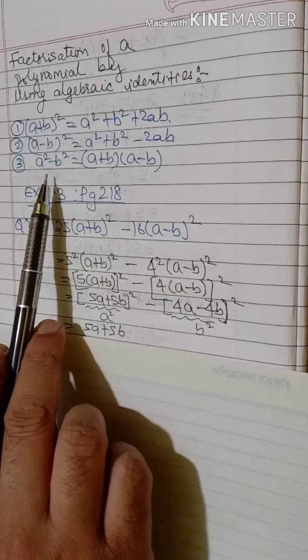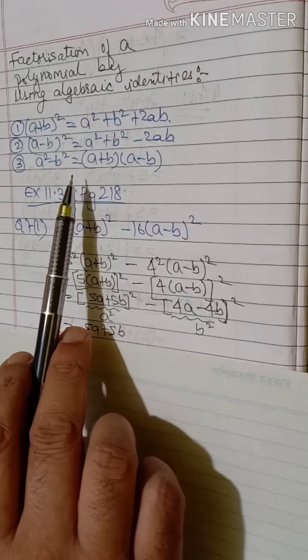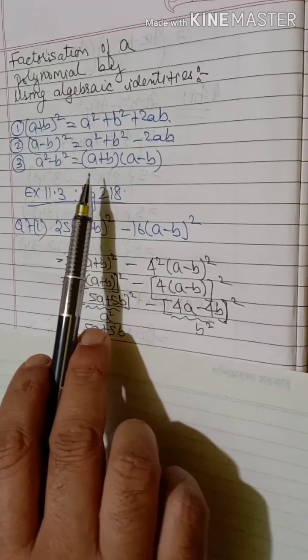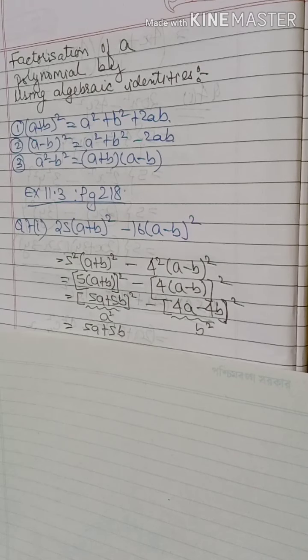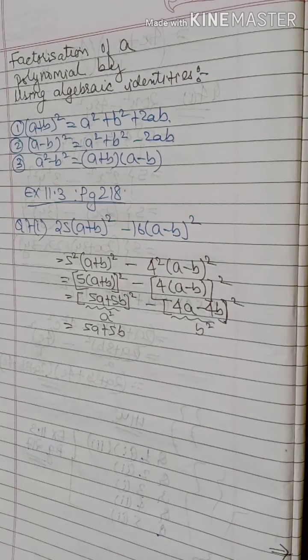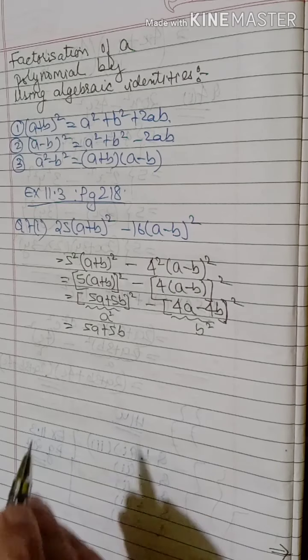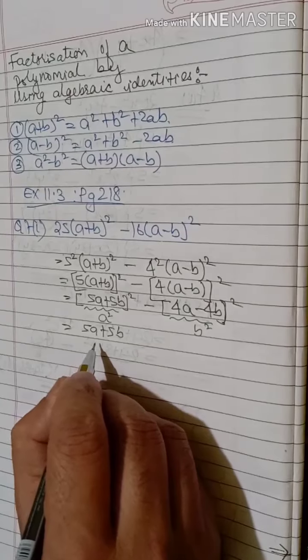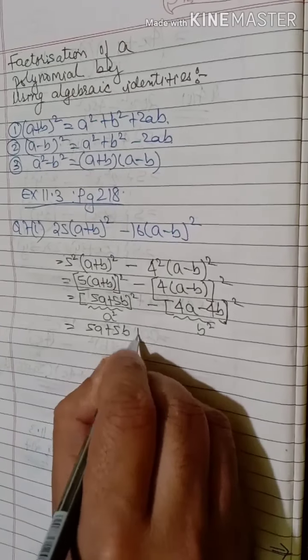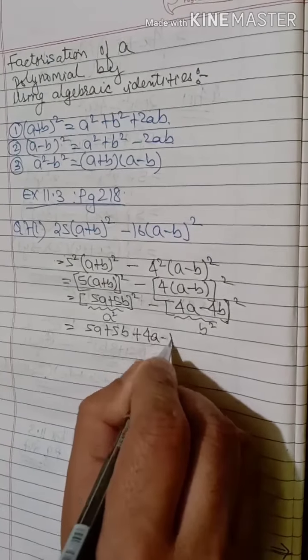What is our formula for a square minus b square? It is equal to a plus b multiplied by a minus b. So we apply the formula: our a is 5a plus 5b and our b is 4a minus 4b.